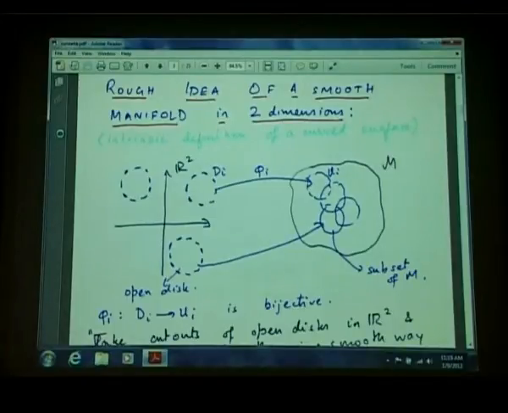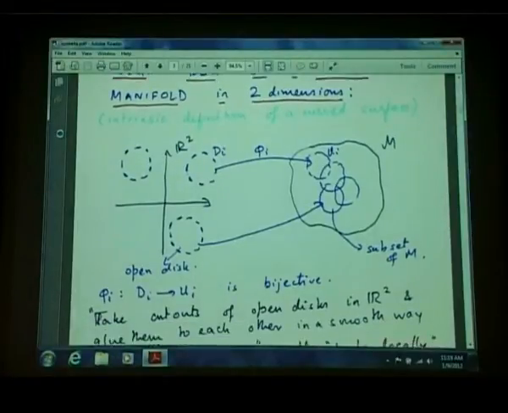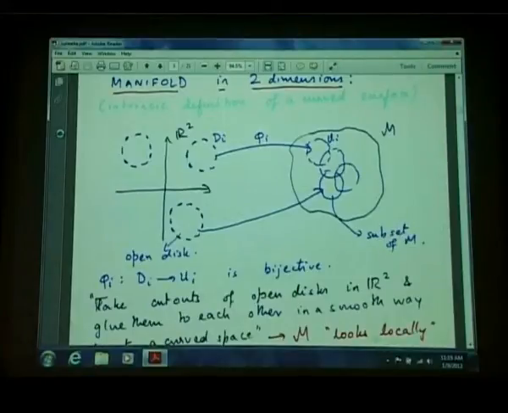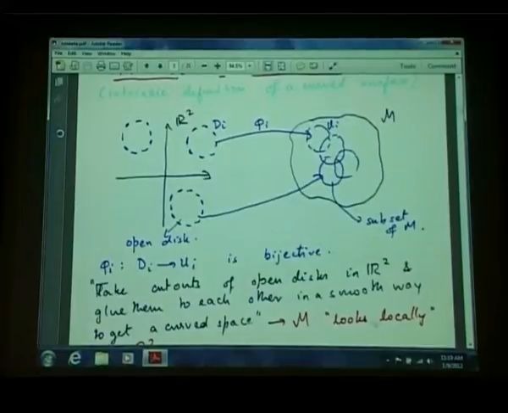A smooth manifold is a topological space M with some additional properties which I'm not going to describe here, such that you can break up this topological space into subsets U_i, with homeomorphisms φ_i from U_i to open disks in the plane. I'm describing a 2-dimensional smooth manifold. These maps φ_i are homeomorphisms, so this makes M a topological manifold, but then I require additional conditions on those maps φ_i.